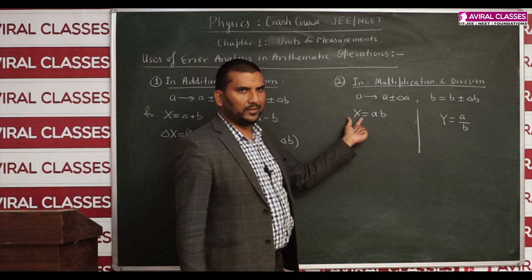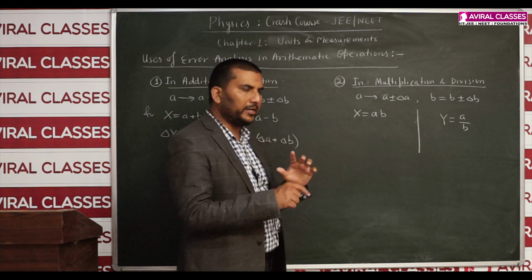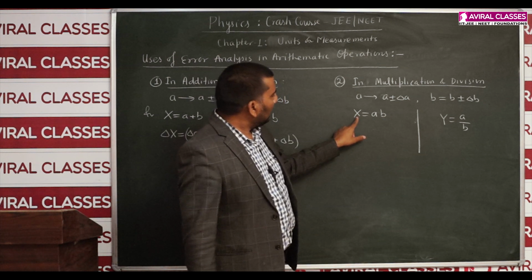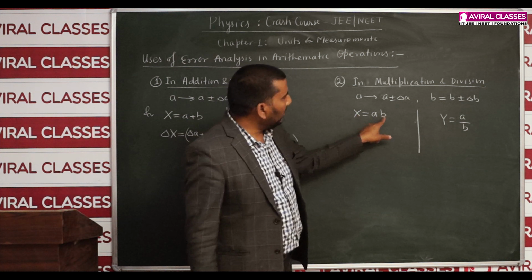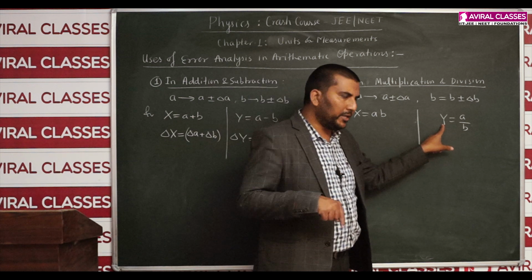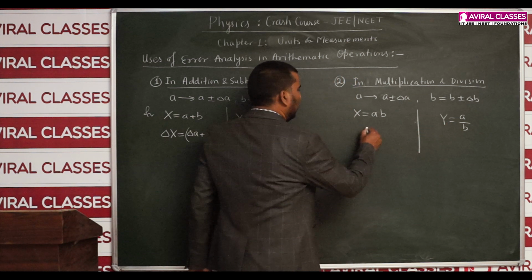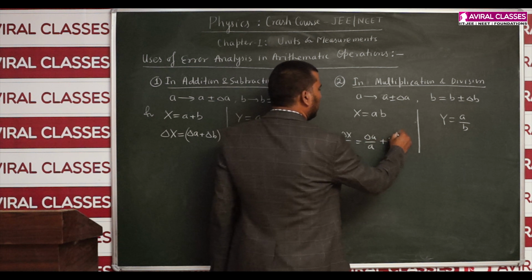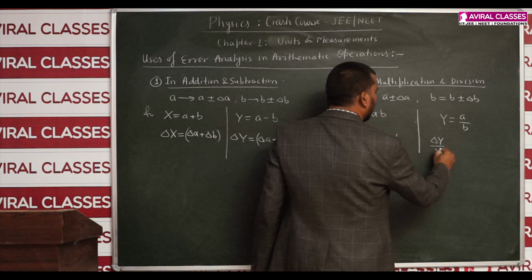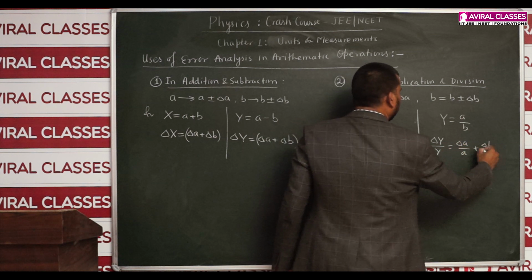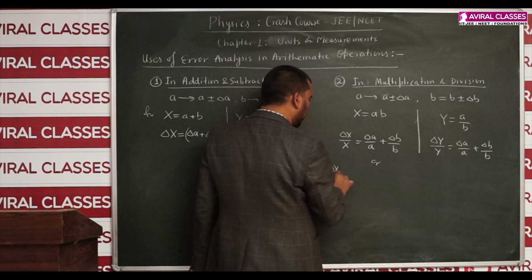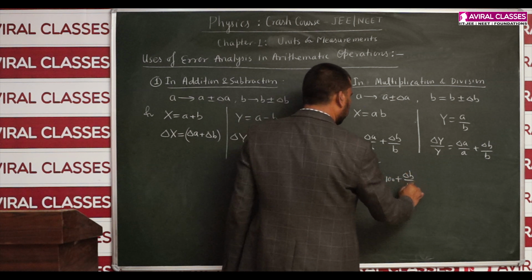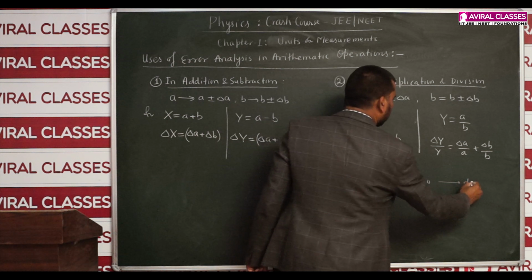The relative error or percentage error of the final quantity, because both are almost the same, you can convert relative error into percentage by multiplying by 100 only, is the sum of the relative errors of the individual quantities. That is, delta x upon x, the relative error in the final quantity, is the sum of the relative errors in the individual quantities. Or the percentage error in the final quantity is the sum of the percentage errors in the individual quantities. And it is the same here also.